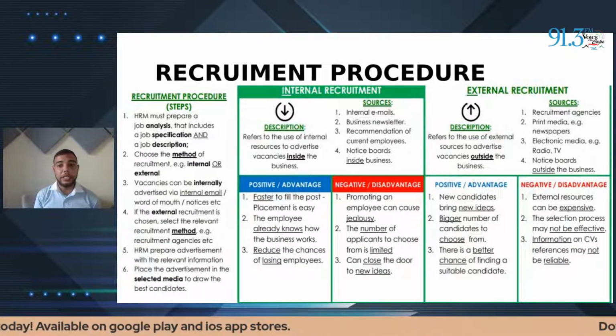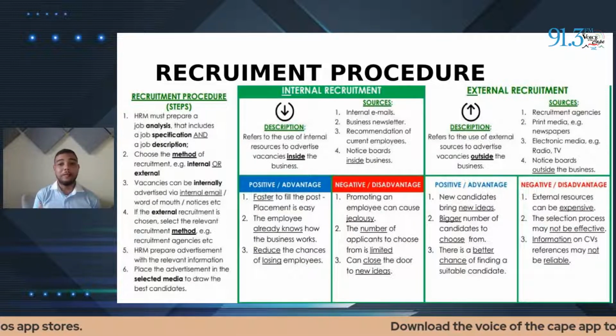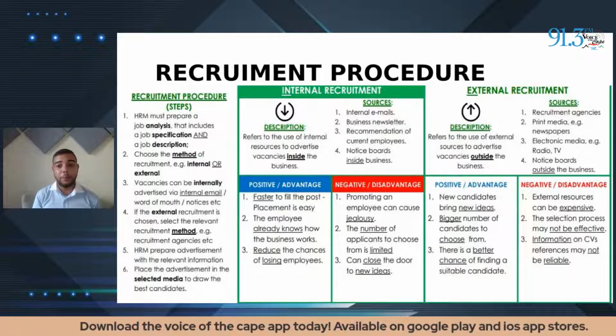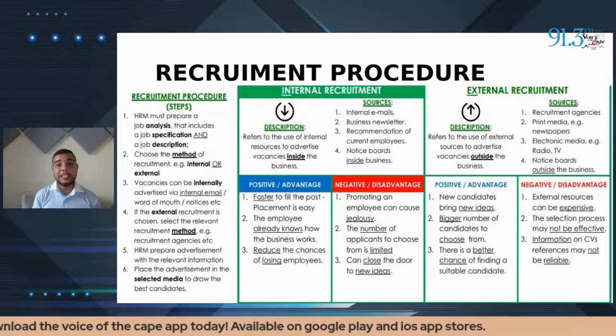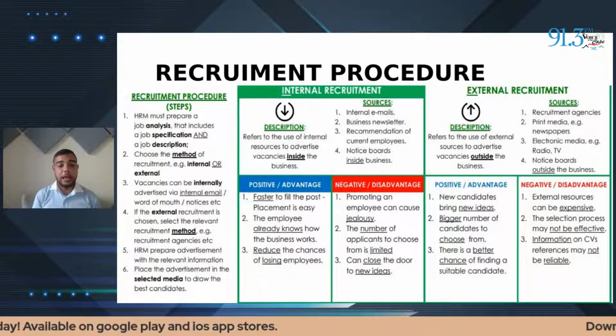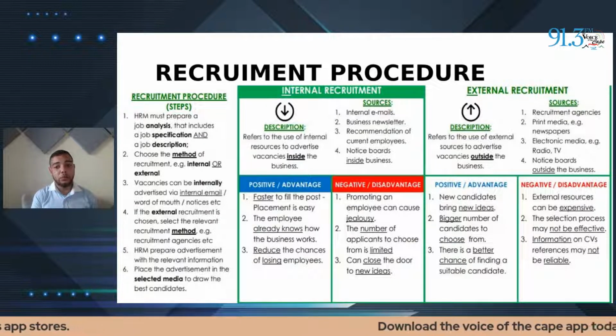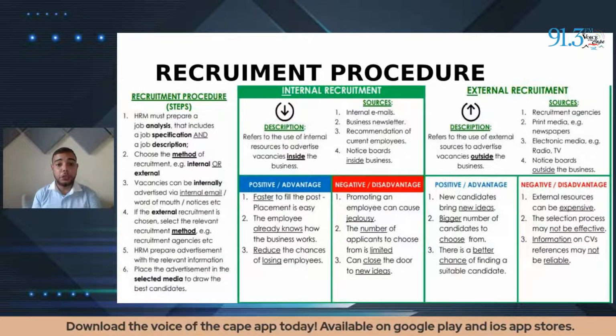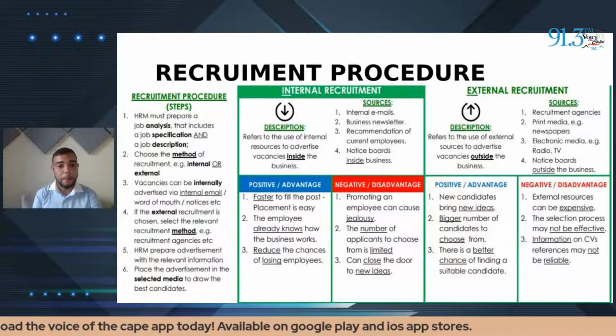You'll also hear it on electronic media such as the radio. Guys, you definitely hear it on 91.3 Voice of the Cape. Also, it will be put up on notice boards such as billboards. When you drive past certain areas, you will see billboards and you will see that recruitment agency notice up on that board. So, now the recruitment procedures.